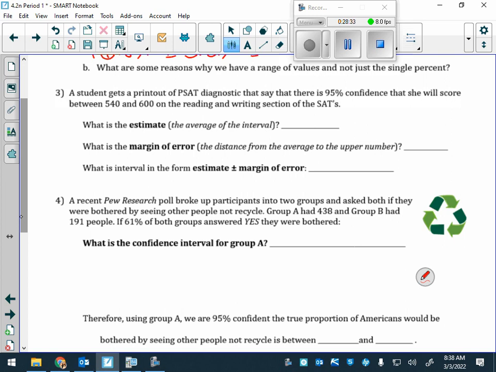How do we do that? Excellent. So you take 540 plus 600, divide by 2. What do we get? 570. Excellent.